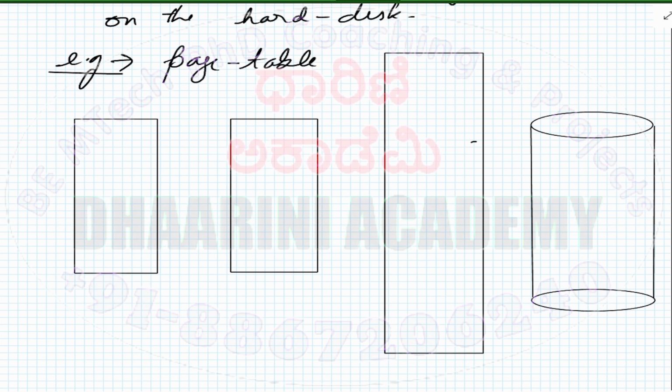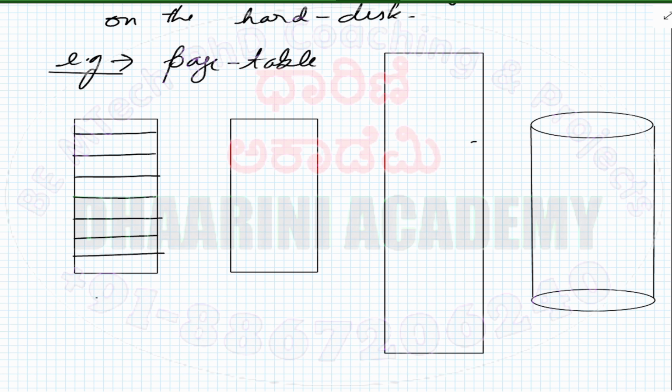Okay, so let us say we have, say, 8 locations in the logical space: 1, 2, 3, 4. We know that this logical space, whatever we write, is going to have some continuous locations.